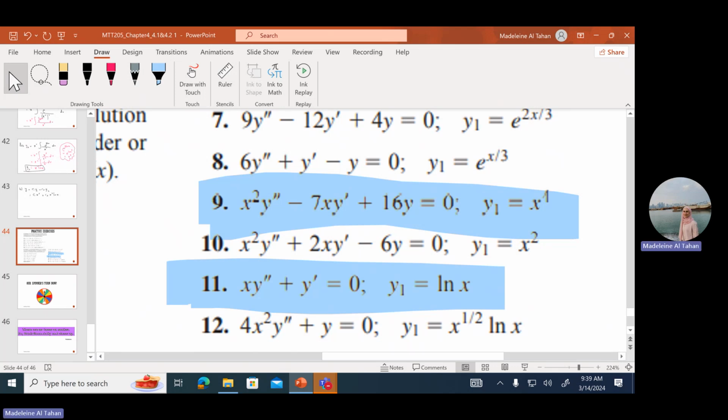Miss, the first step, write in standard form, right, miss? Question 9. Is it power 4?